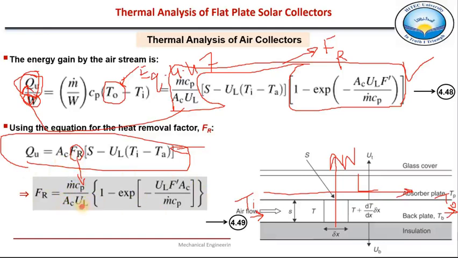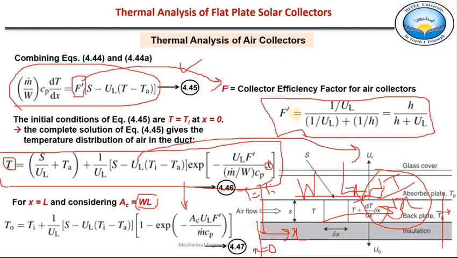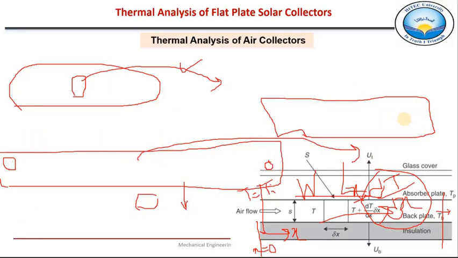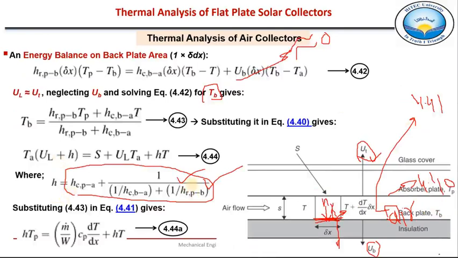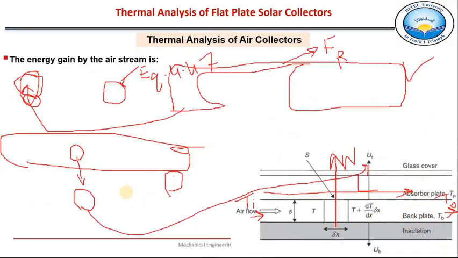Now in this F_R we have this U_L, which is actually U_T, and also in this equation we have this F dash, which is a complex function of so many parameters, which is given by h over h plus U_L. U_L is the same U, this one, and h is further, we have already discussed this, h represents distance.